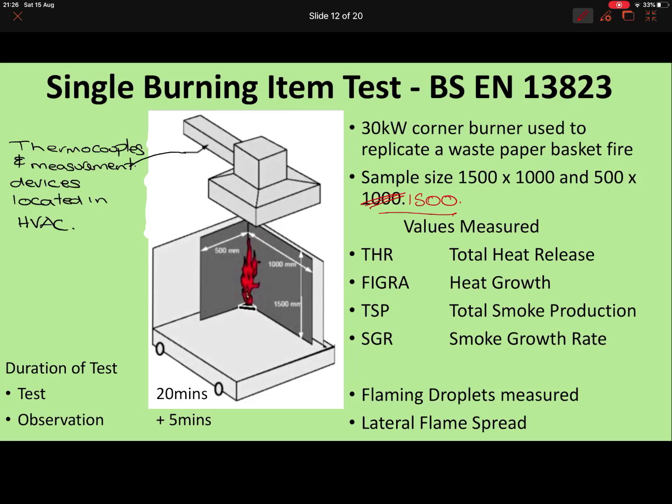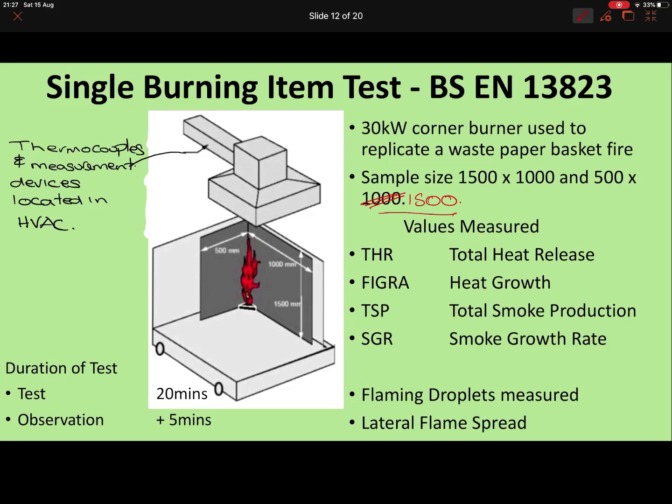Got that wrong. Values measured: total heat release, FIGRA as they call it, fire growth rate, a bit close to Viagra, isn't it? That could be heat growth rate too. Total smoke production and smoke growth rate, those are both monitored.